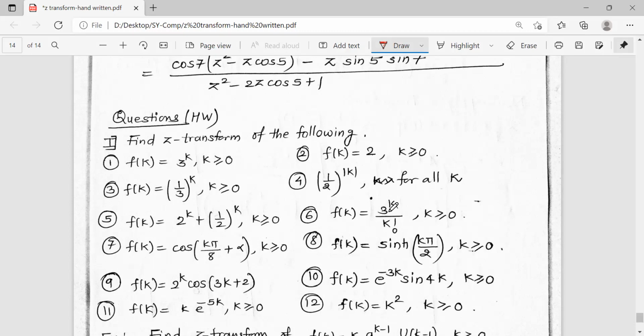Hello, ma'am. Hello. Ma'am, Sanket Tirpude sir is in the waiting room. Can you please allow him? Yes, yes.